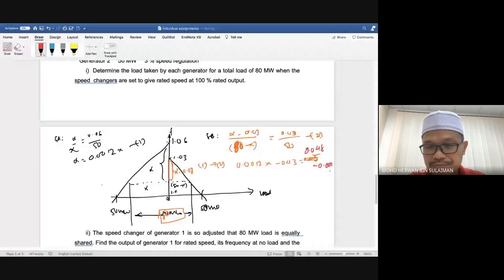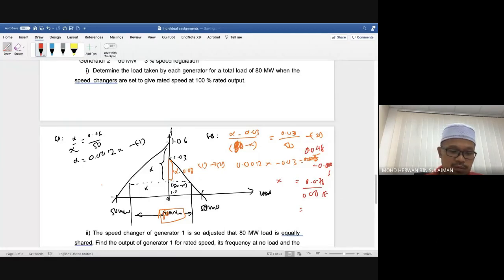So you rearrange. Ni akan dapat your x equals to 0.078 divided by 0.0018. You got 43.3333 megawatts. It's your X.